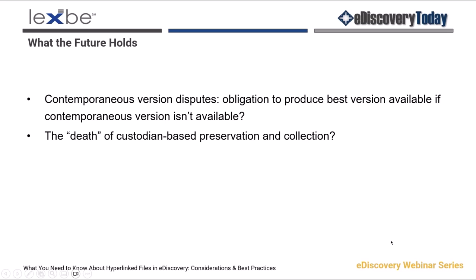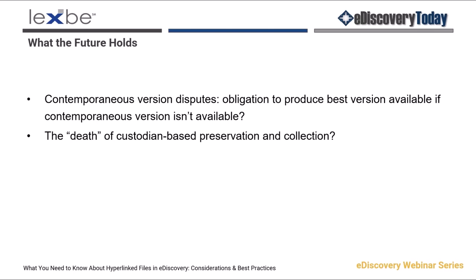The next thing that the future may hold is the death of the custodian in terms of eDiscovery preservation and collection. We're beginning to see a disconnect between how cloud-based platforms store data in an increasingly decentralized manner and the expectation that you can still get to all the data associated with a given custodian for preservation and collection. It's interesting that M365 provides the ability to put a custodian on hold by adding them to a case without all the data associated with the custodian actually being put on hold.